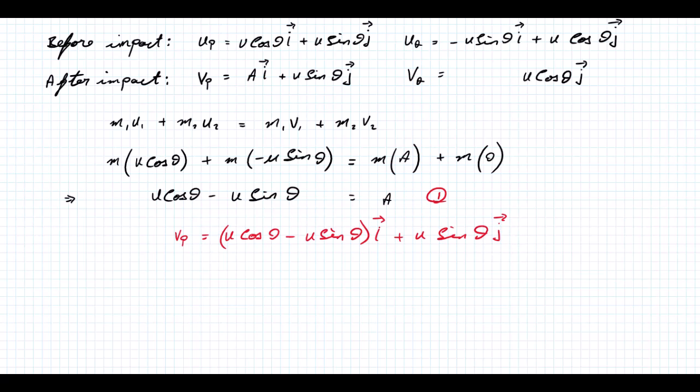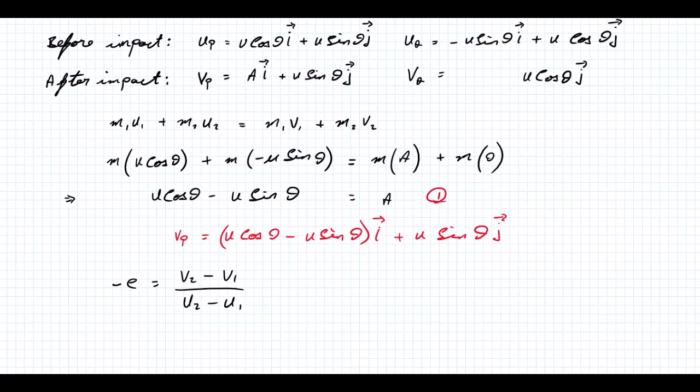Okay, so the next thing we're going to do is look at Newton's law of restitution. That says that minus e is equal to the relative velocity afterwards, so v2 minus v1 over u2 minus u1.